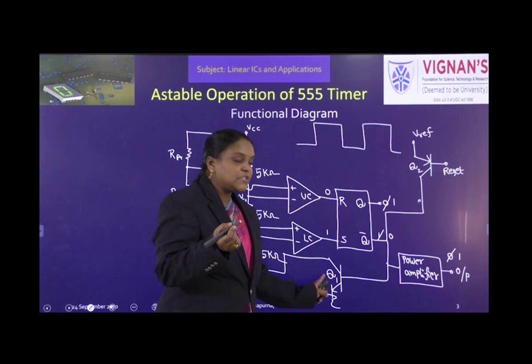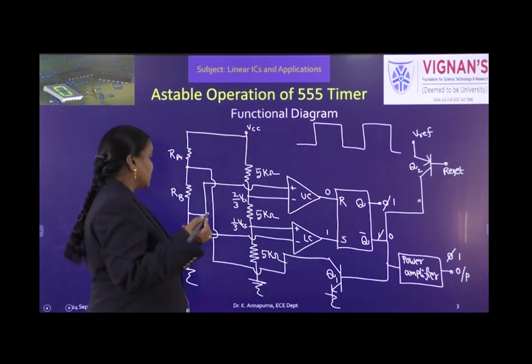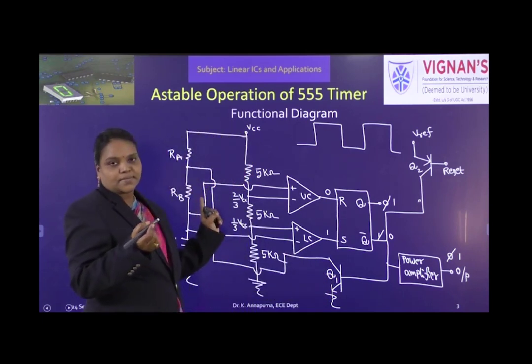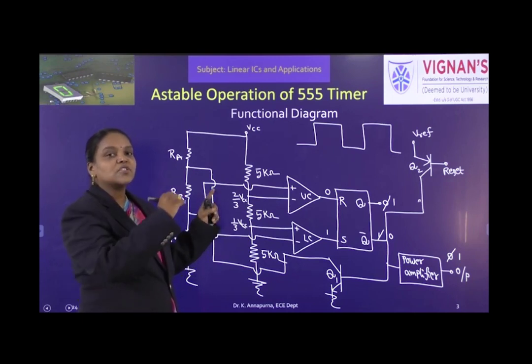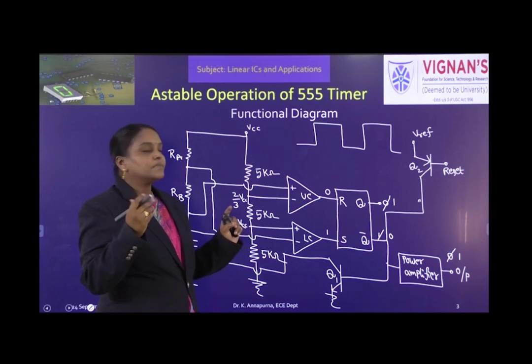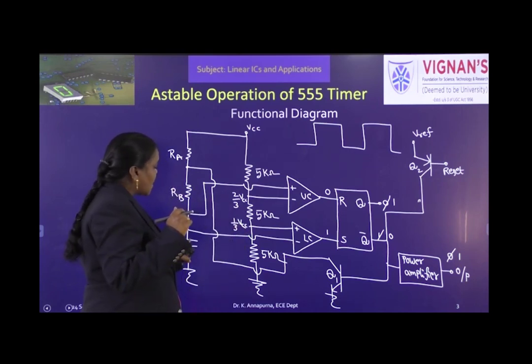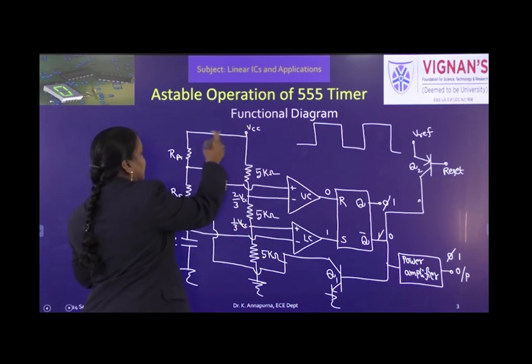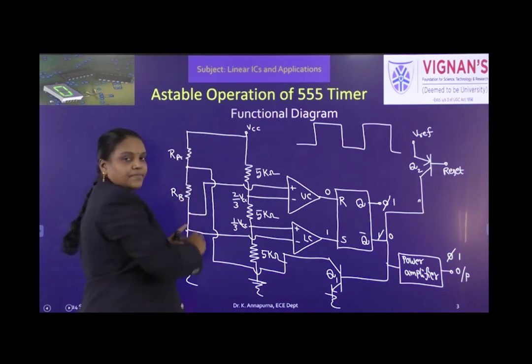If it is in off state, for this capacitor there is no discharging path. Okay, there is no closed discharging path. So it stops discharging. Then what does it do? It starts charging towards VCC through RA and RB.